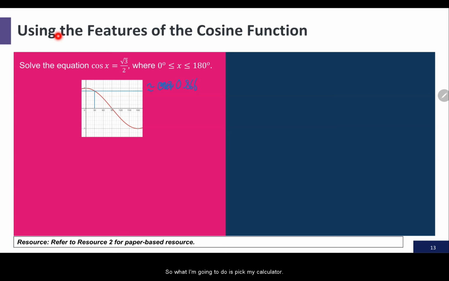So what I'm going to do is pick up my calculator. x comes out as 30 degrees. There is only one solution in this case, and that's the question finished. There is your question. Pause the video and have a go now.